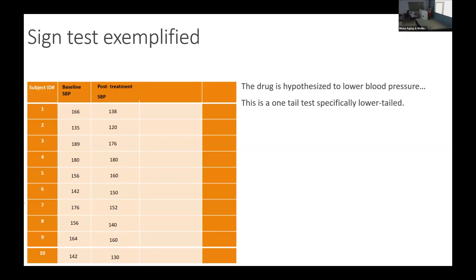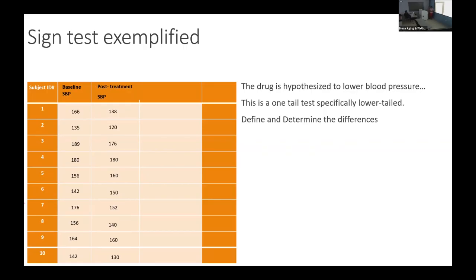So for subject number 1, after the drug, their systolic blood pressure reading was 138. Subject number 2, 120. Subject number 3, 176. Subject number 4, 180. Subject number 5, 160. Number 6, 150, and so on. So we understand that. That's our data, that's what we have.